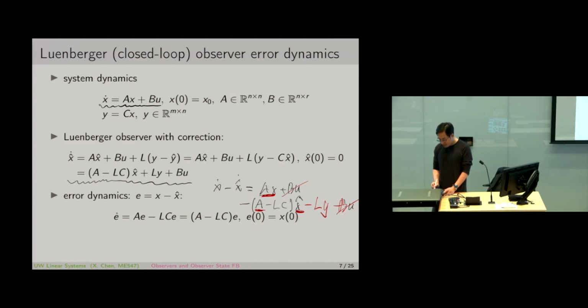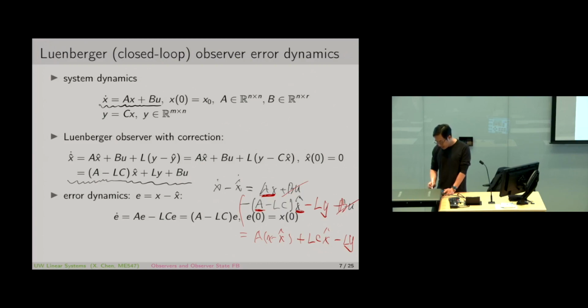So we will have A times x minus x hat, which is A times e. So this is Ae. And then the remaining part is actually also very easy to combine.